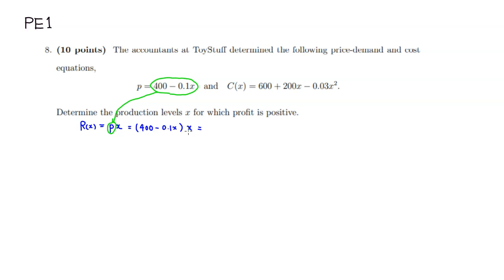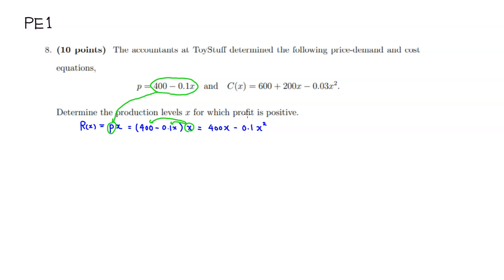I'm going to distribute the x to the first term, which is 400, and also to negative 0.1x. So you're going to have 400x minus 0.1x squared.